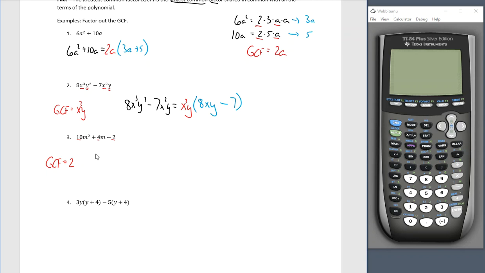This tells me that 10m squared plus 4m minus 2 will be equal to 2 multiplied by 5m squared plus 2m minus 1. It's really just a factoring out, so I'm dividing by this greatest common factor each time.